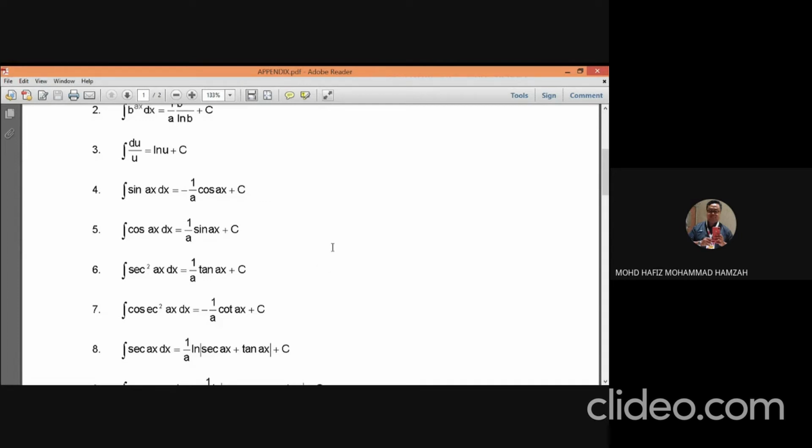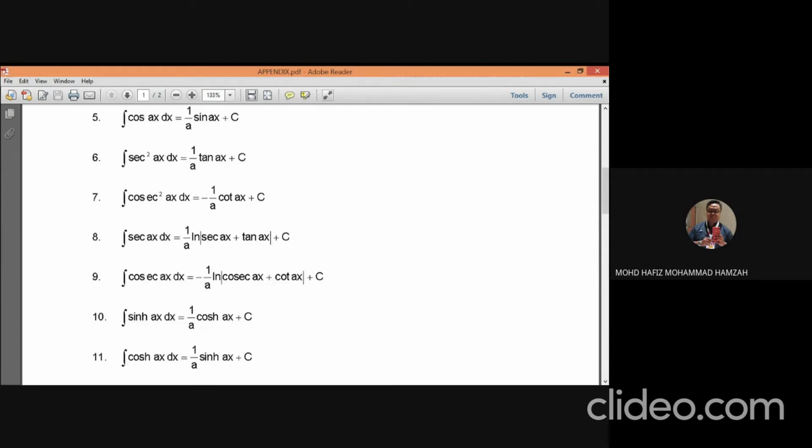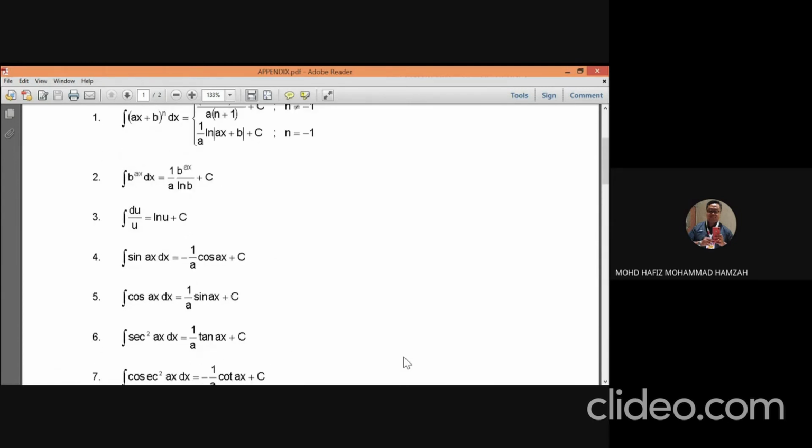Differentiate cos x, dia akan jadi sama dengan negatif sin x. So differentiate sin x sama dengan cos x. Differentiate tangent sama dengan secant square. Differentiate cotangent sama dengan negatif cosecant square. And so on lah. So ini adalah cara nak gunakan dia lah.